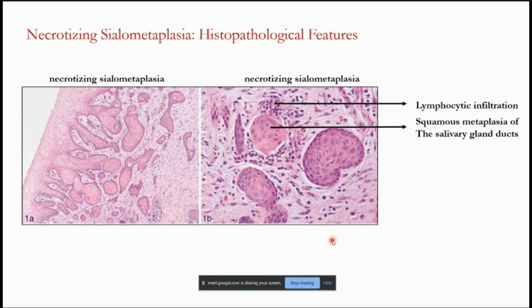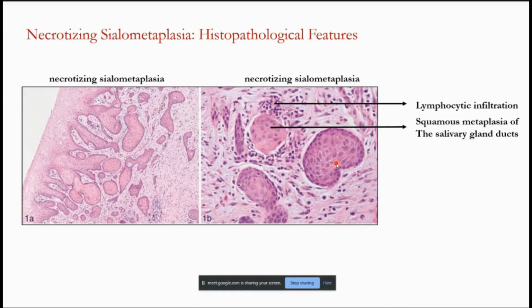And coming to the histopathological picture, there is again extensive lymphocytic infiltration, but it is not as extensive as we saw in Sjögren syndrome. And along with that, there is squamous metaplasia of the salivary gland ducts. Okay, so all the salivary gland ducts, which will have a typical ductal epithelium, have undergone squamous metaplasia and resemble squamous cells. Okay, so that's the histopathological picture.